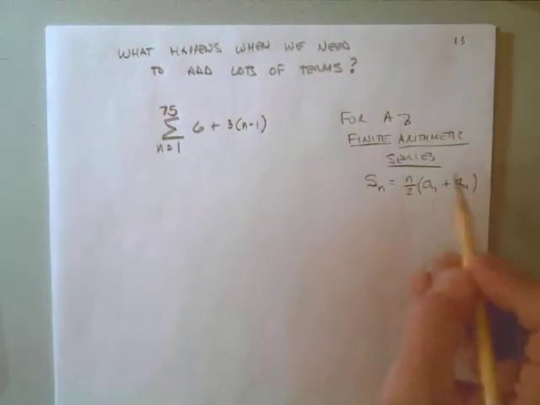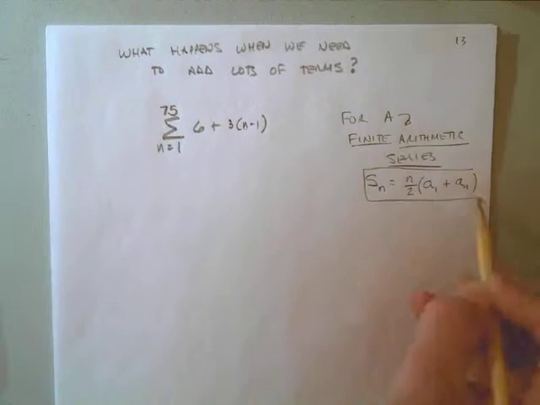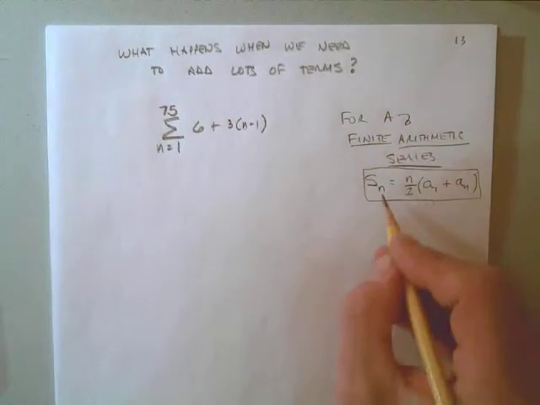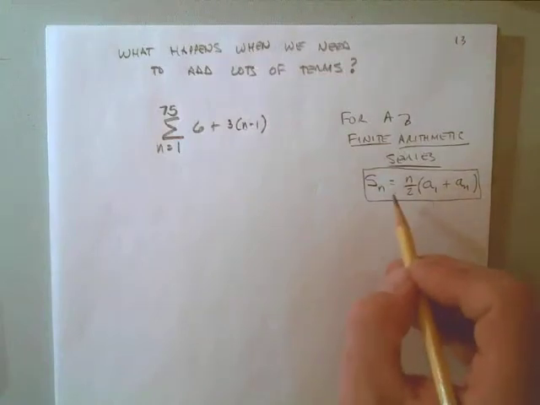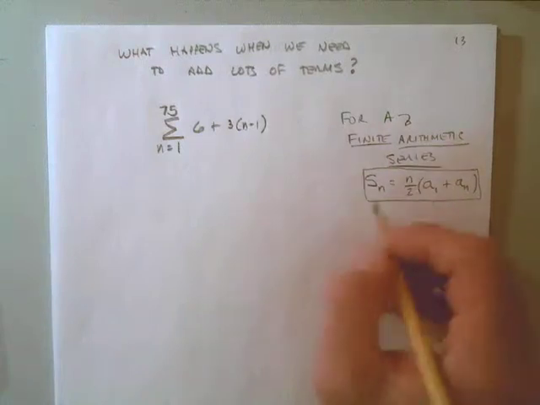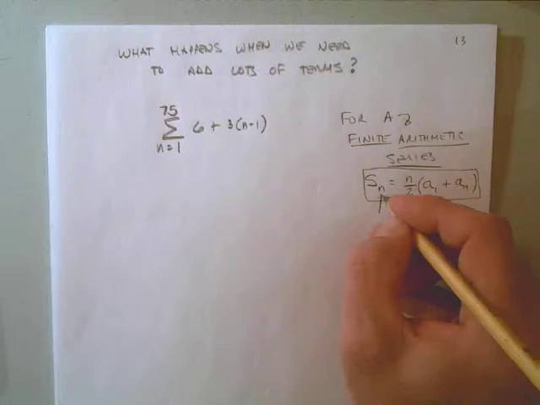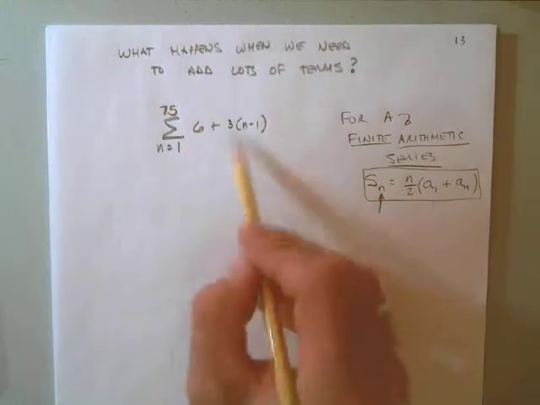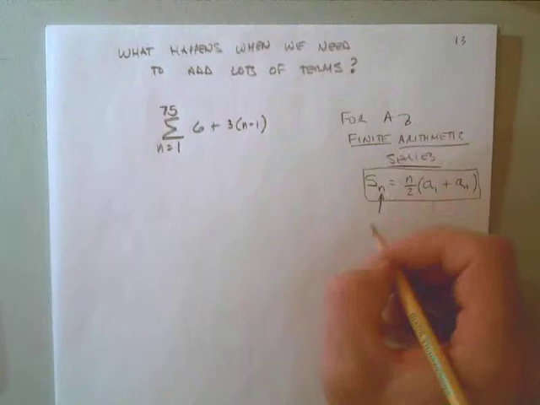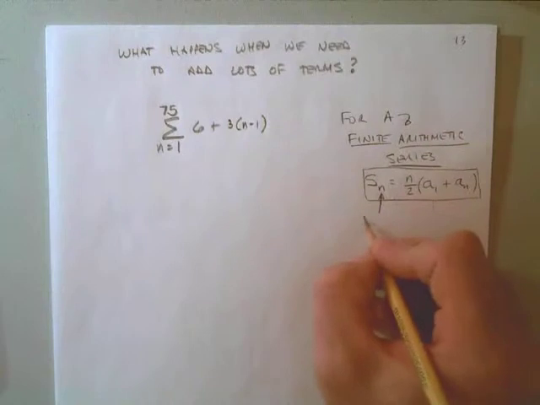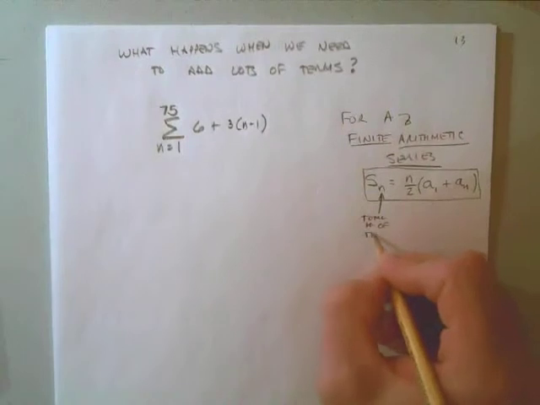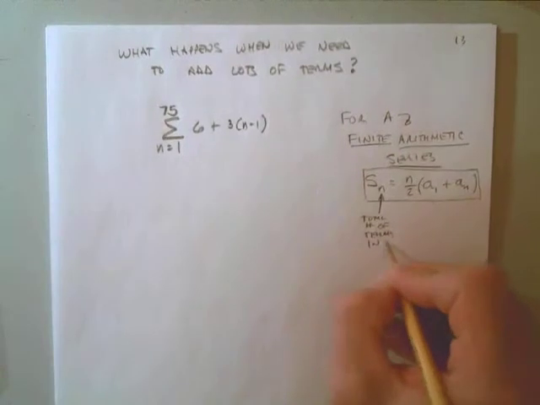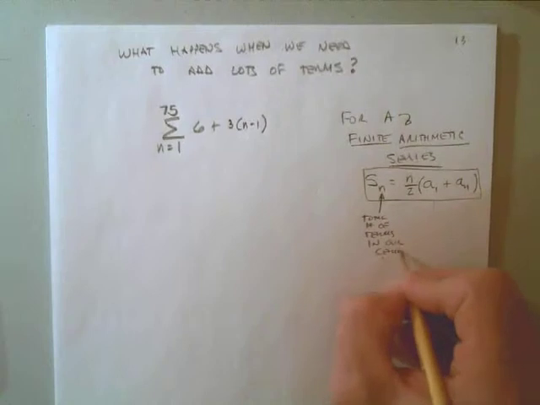Now, this notation is very confusing because these n's in this equation work differently than all the other n's that we've been using in our equations. Because this is going to give us a shortcut for this summation. And so this n is the total number of terms in our series.